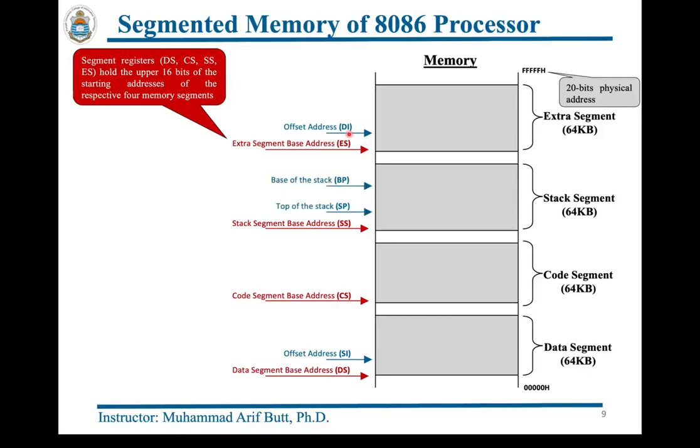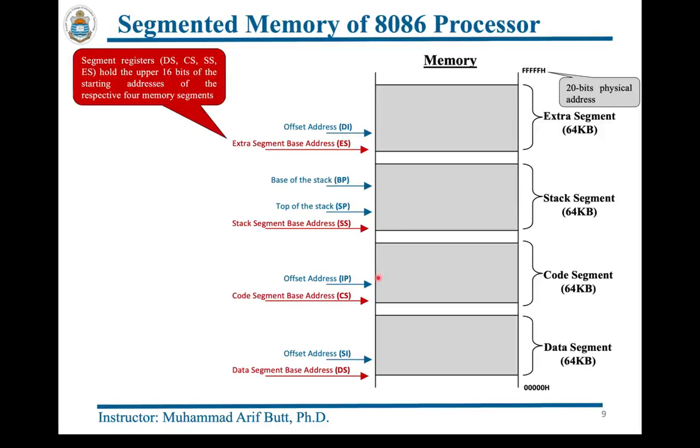And for the stack segment over here, SP or the stack pointer register points to the top of the stack, and this BP or the base pointer points to the fixed location within the current function stack frame. And finally, over here, the famous IP register or instruction pointer, it points to the offset within the code segment where the next instruction to be executed resides.